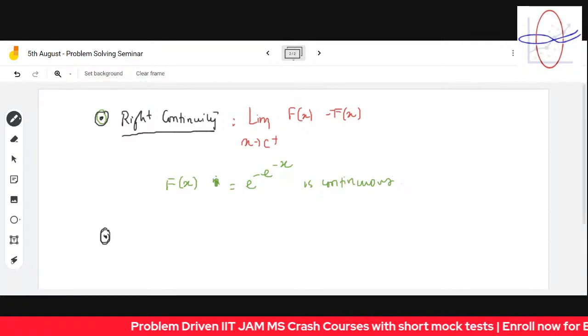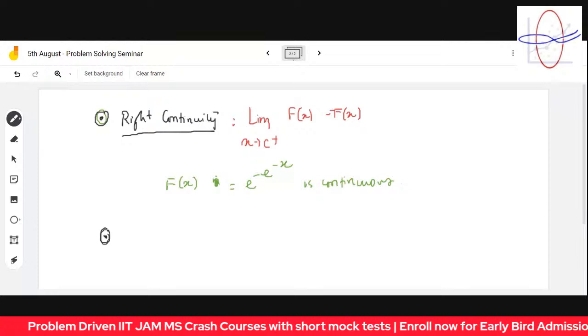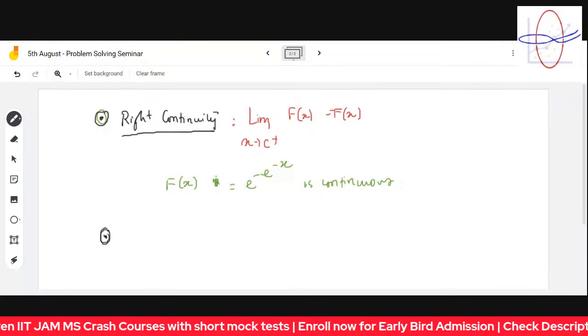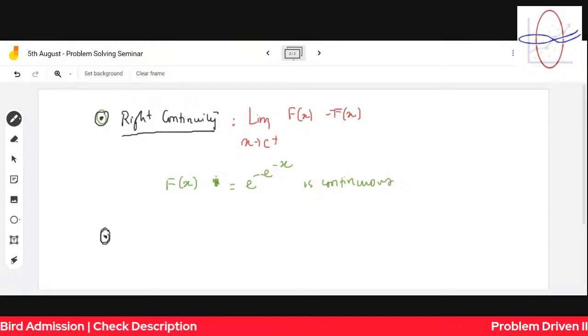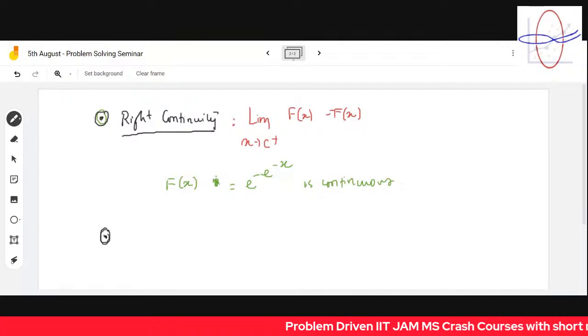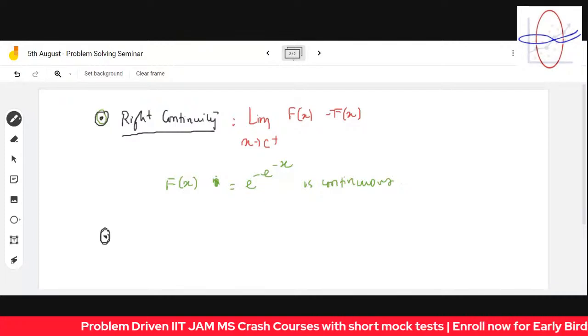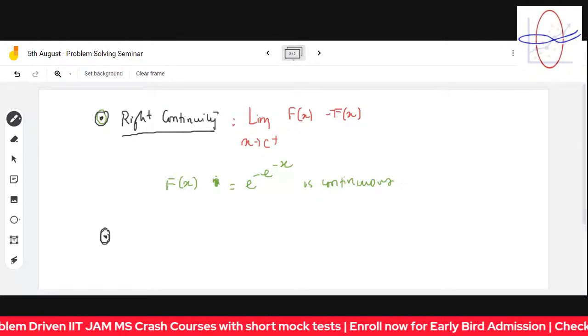Decreasing function, perfect. Non... Is it fine? No, it is not fine at all.